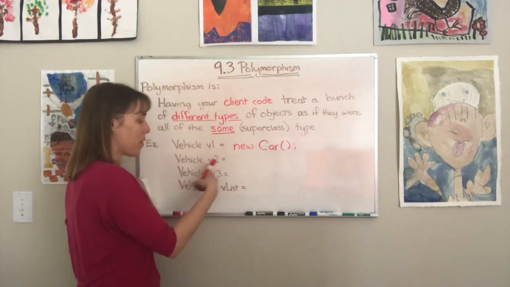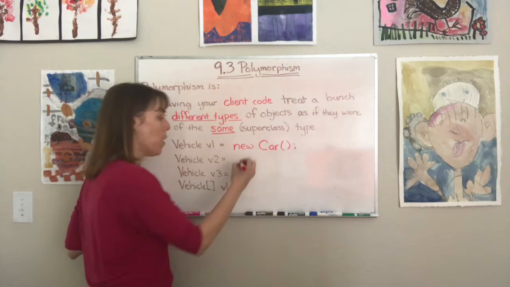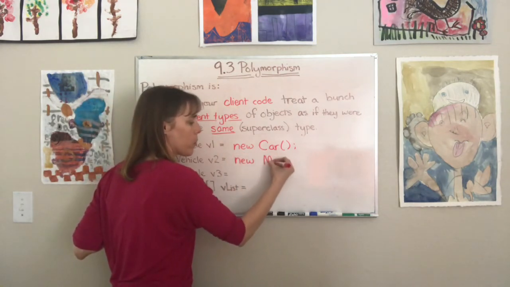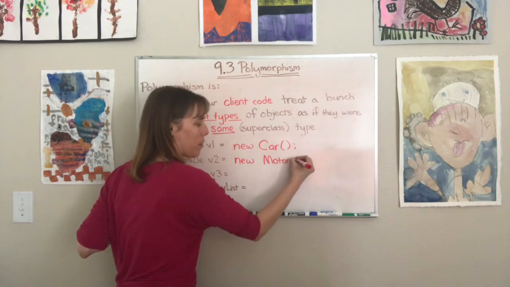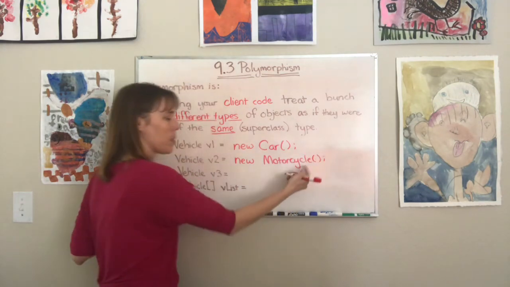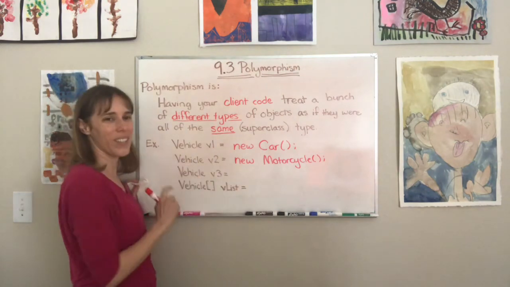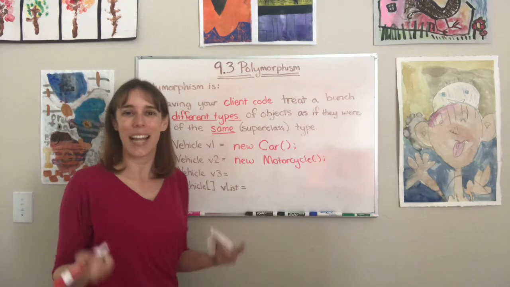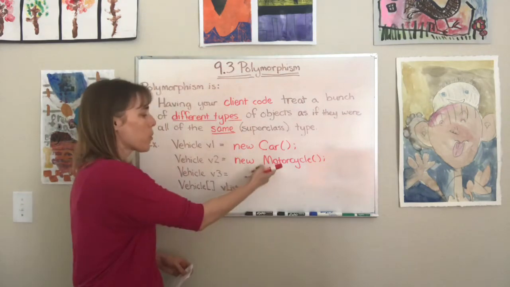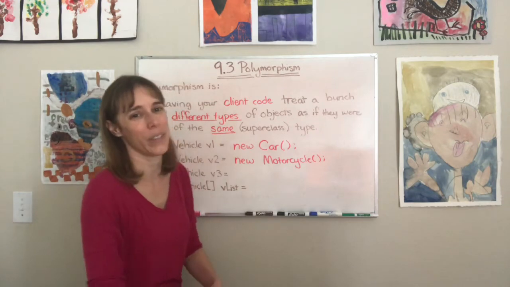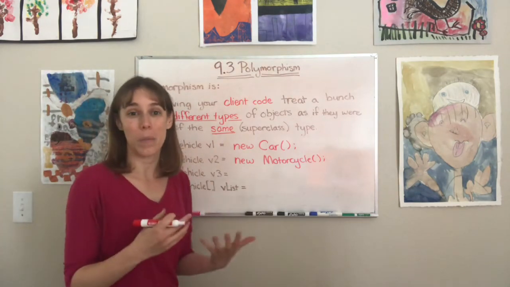And to make vehicle V2, it's a vehicle, but I'm going to make the motorcycle constructor set it up. So it has all the abilities of a motorcycle. It's set up to be a motorcycle, but as far as Java is concerned, it's going to be treated like a vehicle. Now this works because we have that inheritance relationship, where a motorcycle extends a vehicle. So it has all of the functionality of a vehicle, but it may also have its own special stuff.